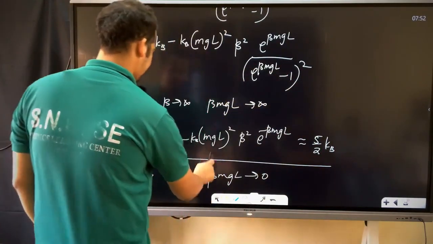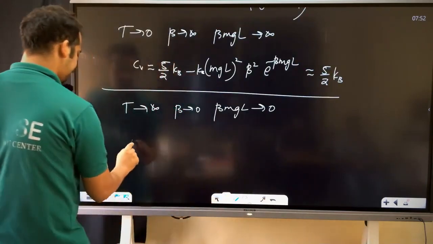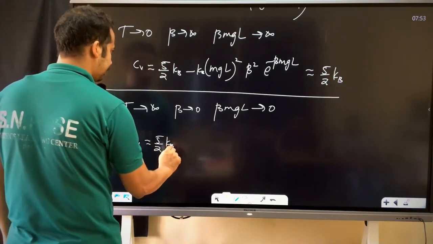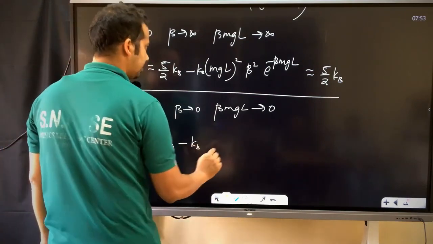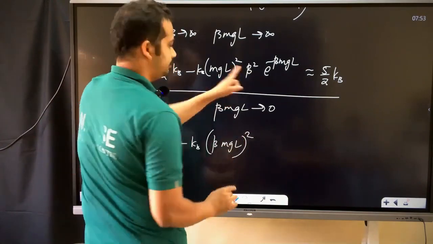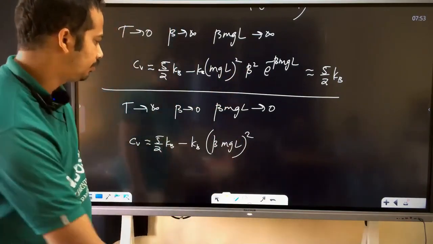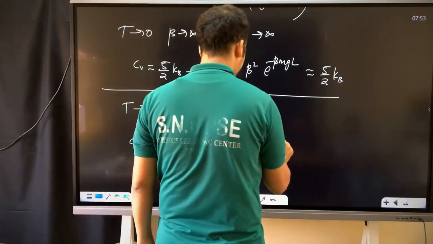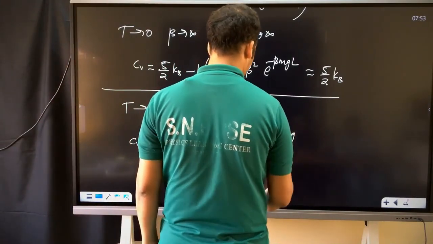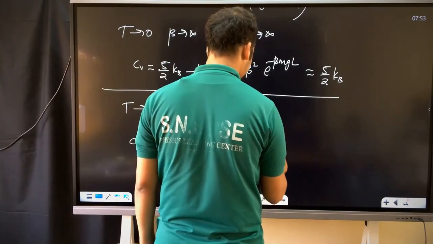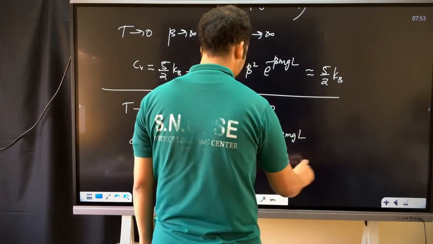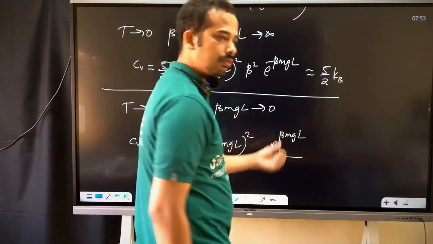So CV is 5 by 2 kB minus kB, I'll write beta mgL the whole square, into e power beta mgL, when it tends to 0, it will tend to 1 actually.